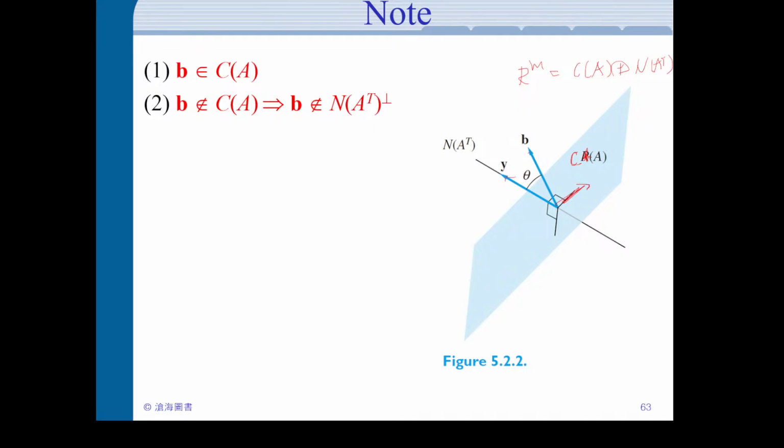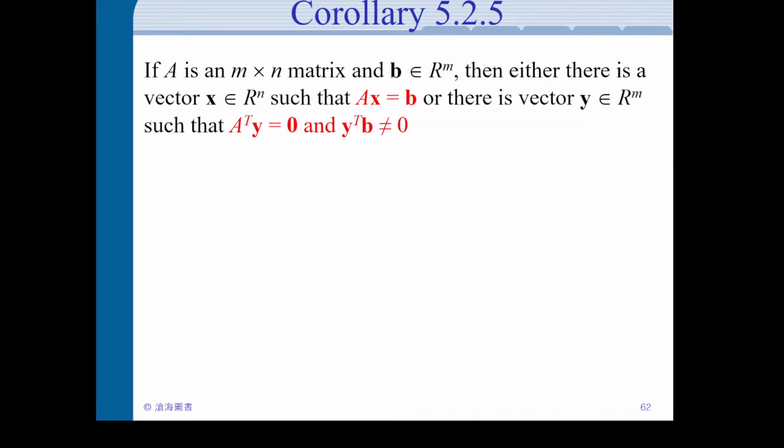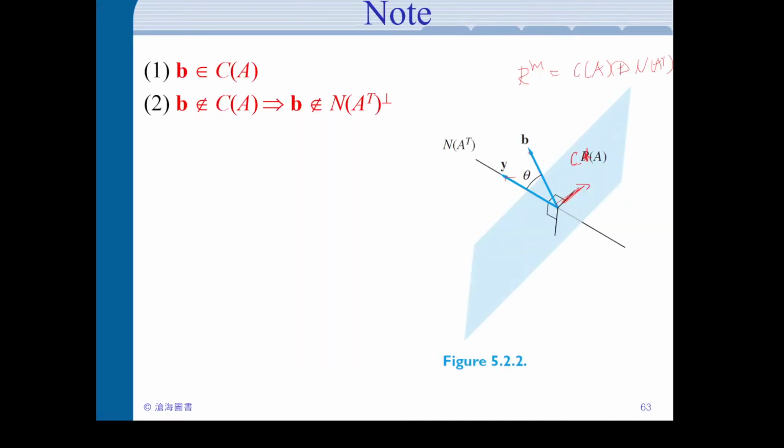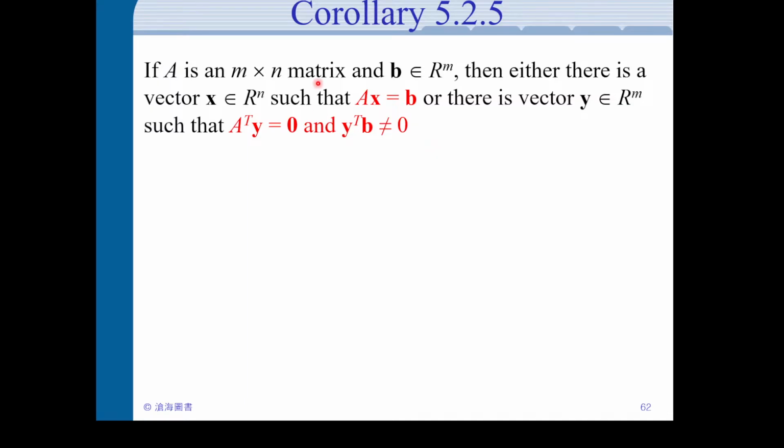And this theorem is saying whether this y equals 0 or not. If y equals 0, then the equation is consistent: b is inside the column space of A. And if y is not equal to 0, then you have this non-zero y here, and b will have a non-zero inner product with y.